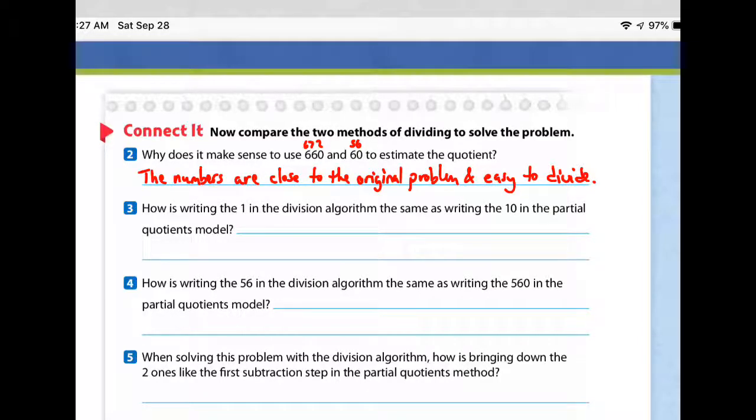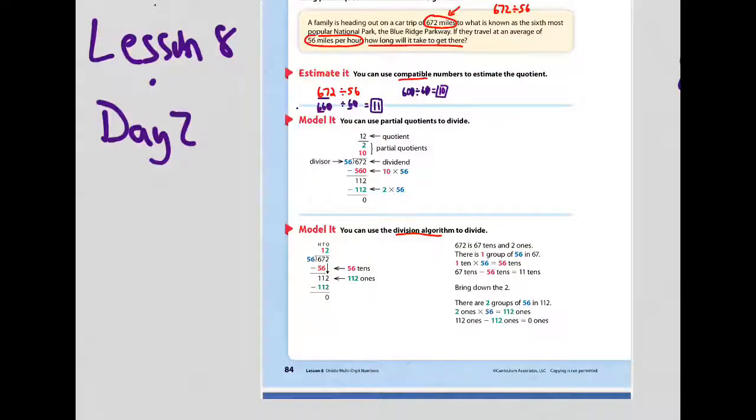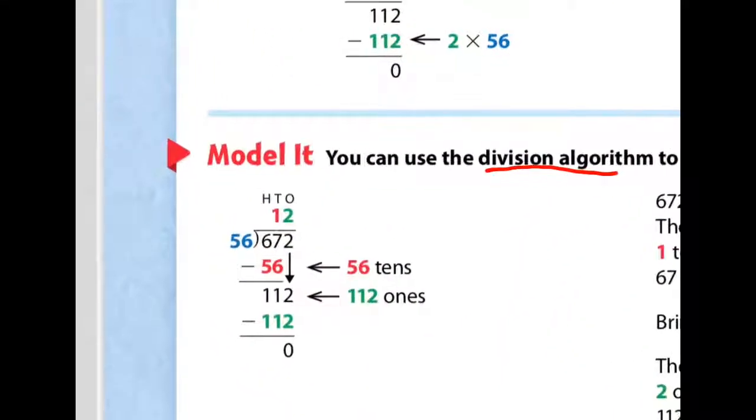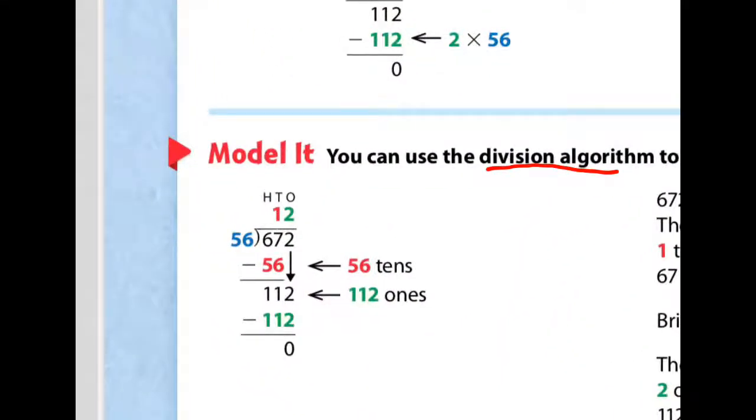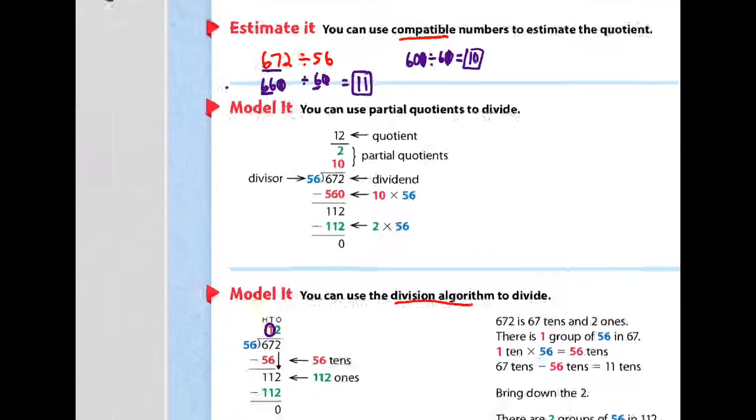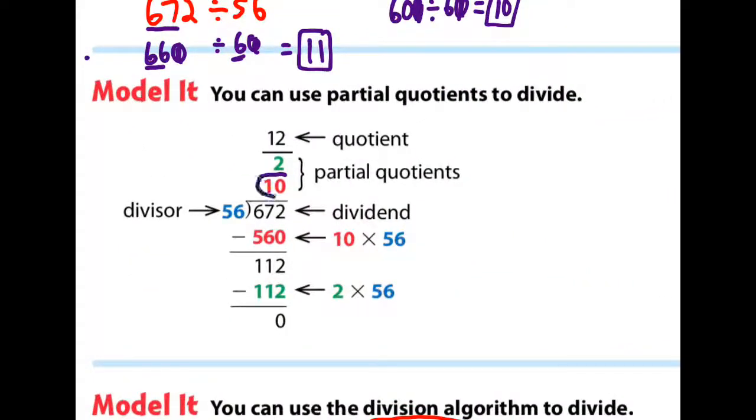All right? Now 3 says, how is writing the 1 in the division algorithm the same as writing 10 in the partial quotients model? So let's go over and look at it, writing the 1 in the division algorithm and the 10 in the partial quotients. All right, so in the division algorithm, let me switch to purple. When you write the 1 here, how is that like writing the 10 here?